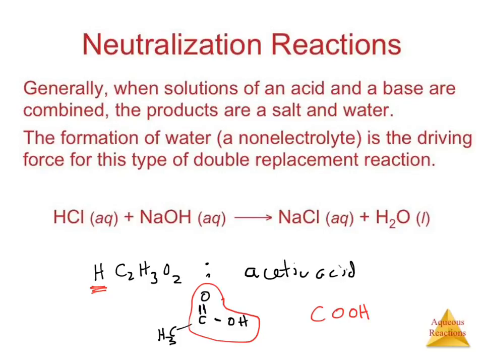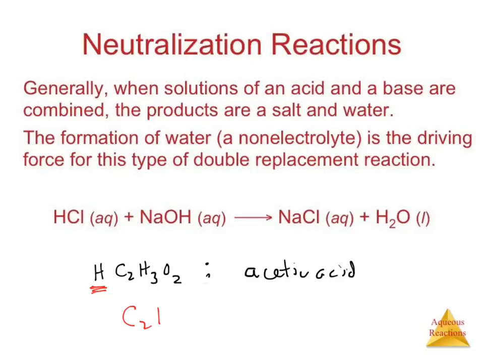Because I could very easily change that formula for acetic acid to this. Is that still acetic acid? Maybe. It's kind of hard to tell. Formula sucks, so you can't really figure it out. That's still technically an acid. I could also write it as another form.